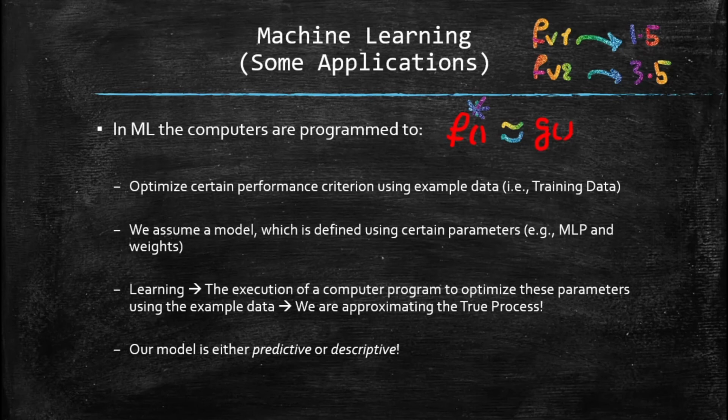Now, we assume a model which is defined using certain parameters. Just for those of you that are kind of familiar with machine learning, I'll tell you that in a neural network, or MLP, a multi-layer perceptron, the weights in the model that connect the neurons are the parameters of your neural network, right?